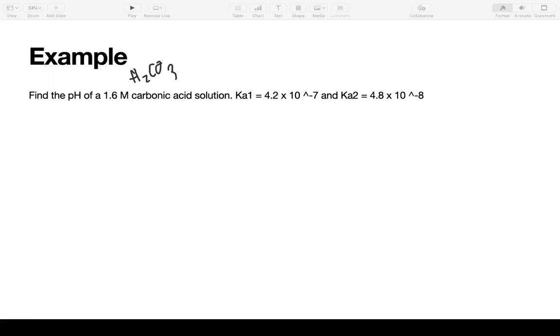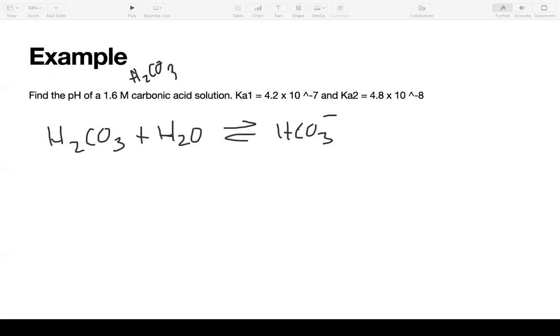So we have H2CO3, when added to water, turns into HCO3 minus and H3O plus. And we can do our ice table for this one.